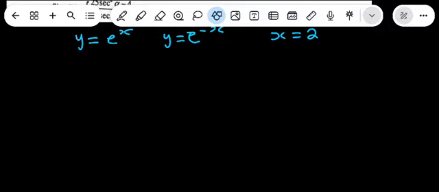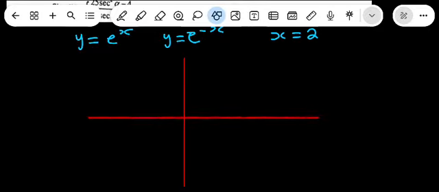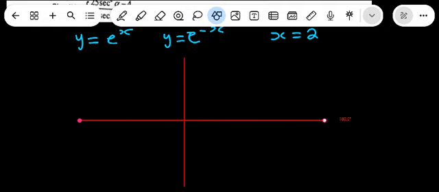Alright, so here is our Cartesian plane. We have the x-axis and the y-axis.